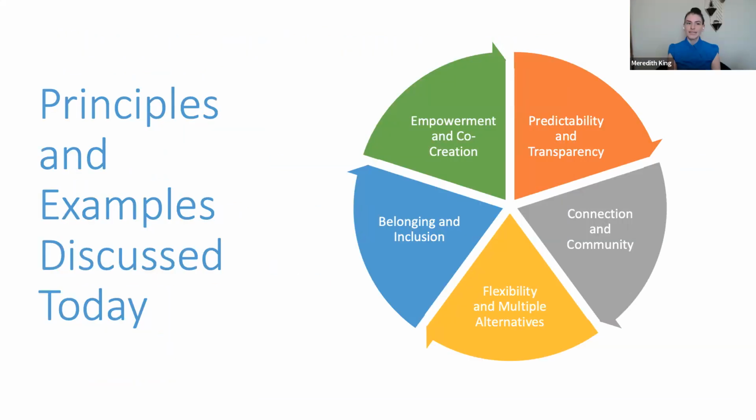So we're going to break down how we're thinking about our principles and examples today into a few different areas. We're going to be talking about predictability and transparency, connection and community, flexibility and multiple alternatives, belonging and inclusion, and empowerment and co-creation.